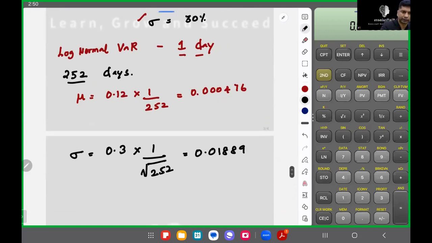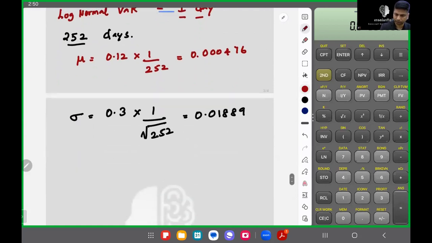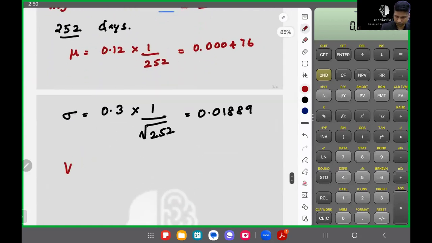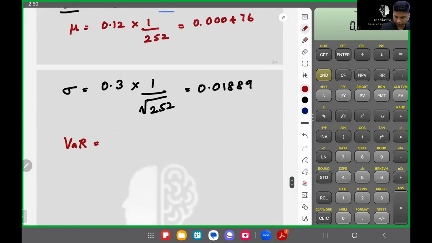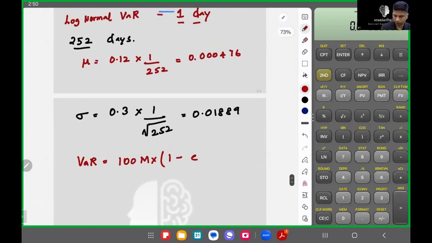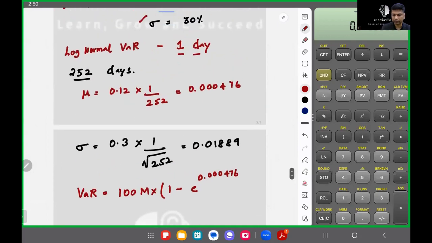Now let's substitute this in our logarithmic VAR equation. The price was 100 million initially. So 100 million multiplied by 1 minus e to the power mu, and mu is that value, 0.000476, right?